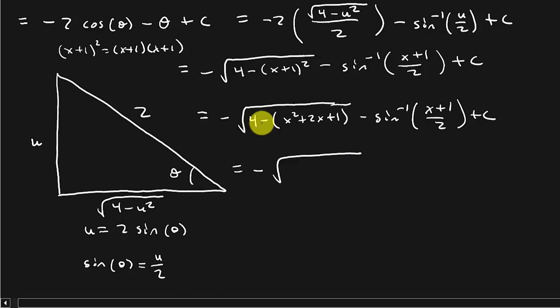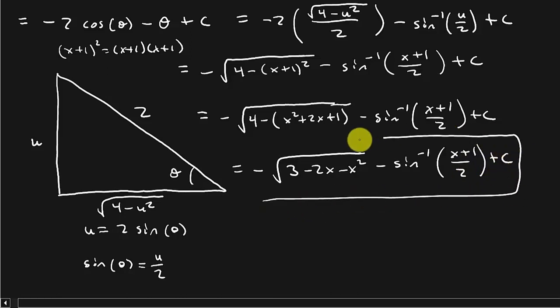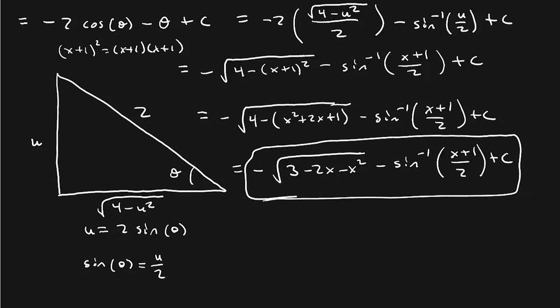And so that's negative square root, and that's going to be 4 minus 1, which is 3, minus 2x minus x squared, minus inverse sine of (x plus 1) over 2 plus c. And this is our answer.